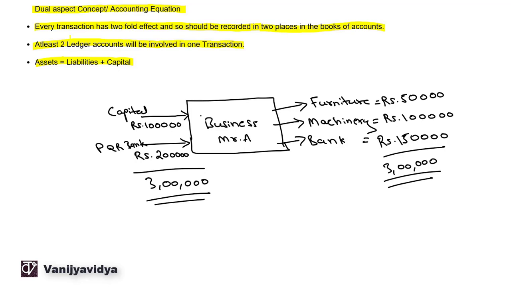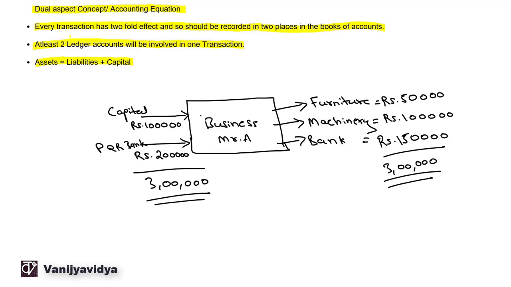At a given point of time in a particular day, we can prepare balance sheet wherein we will present the assets, liabilities and capital, and the total of assets should be equal to liabilities plus capital. So accounting equation is also known as a balance sheet.